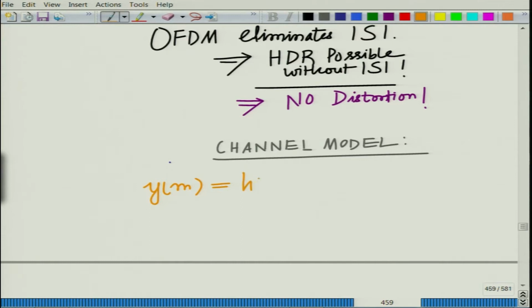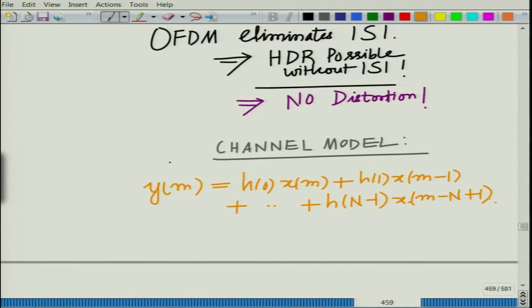This can be represented as y m equals h0 x m plus h1 x m minus 1 plus, and so on, up to h n minus 1 x m minus n plus 1. Now, what is y m? y m is the output symbol.